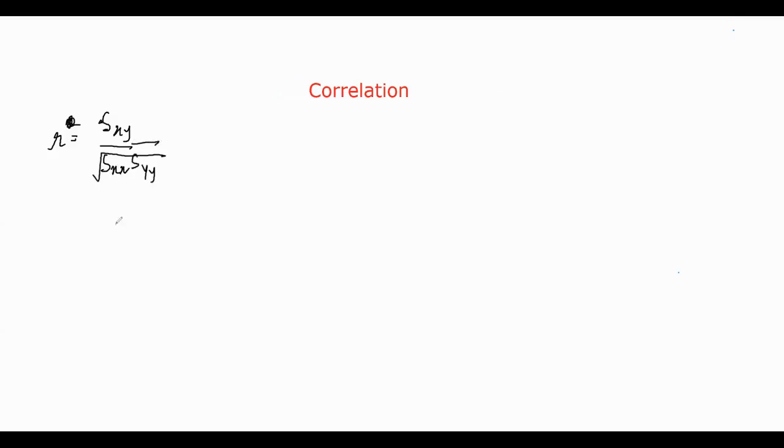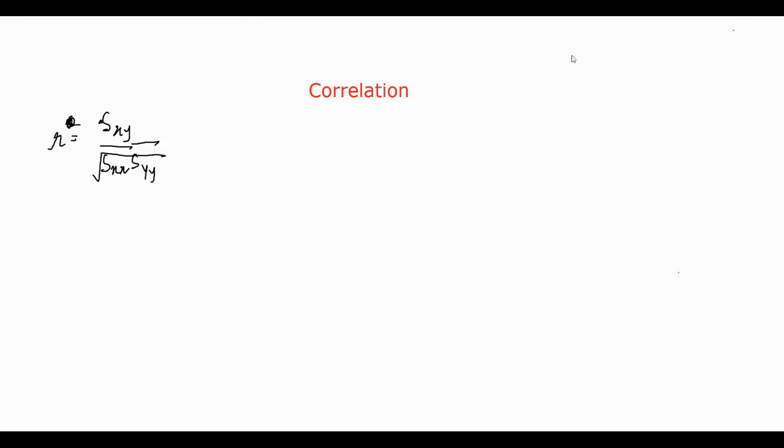So just ignore my tongue twister. Whatever. So R is equal to SXY by root over the standard deviation of X and standard deviation of Y, right? So we understand where this suddenly comes from.